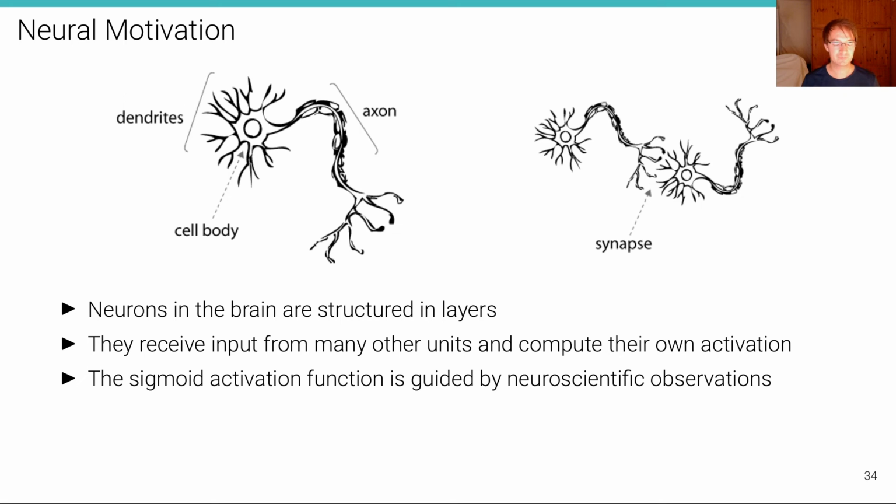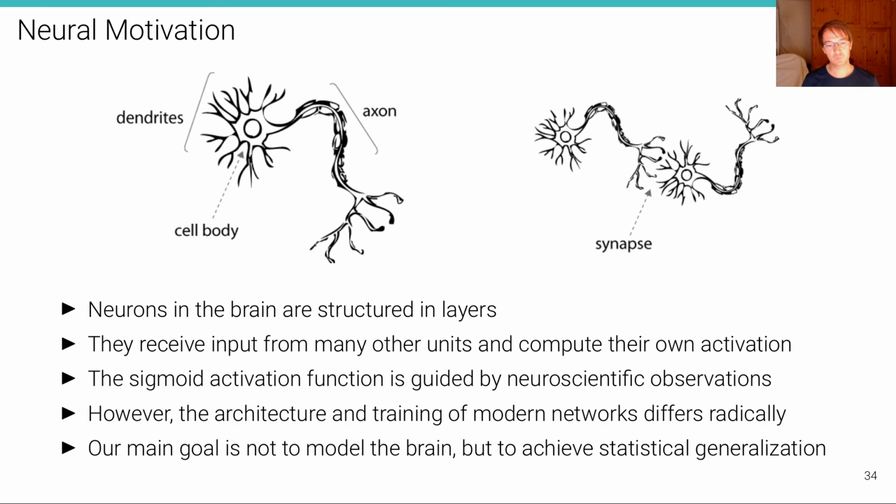Of course, at the physical level, they operate quite differently. And furthermore, the architecture and the training of modern neural networks differ radically. In this course, our main goal is not to model the brain. This is really important. Our main goal is instead to achieve statistical generalization.